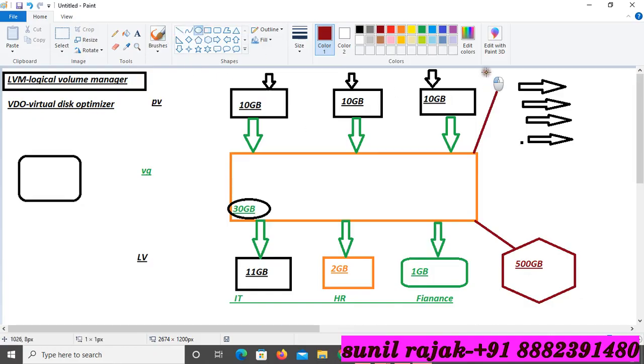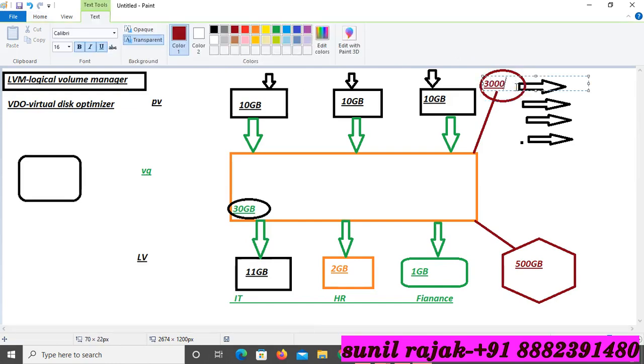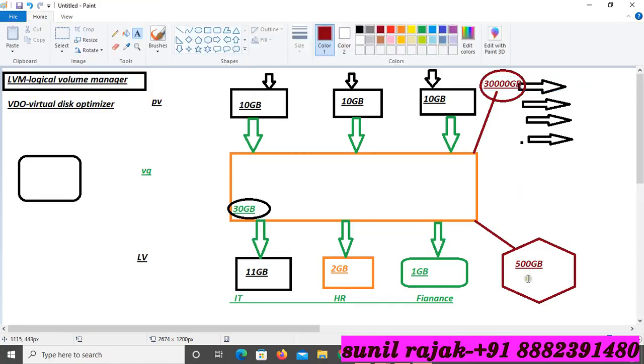Suppose he is taking 500 GB for artificial intelligence, but you are going to give 1000 GB, which is enough for the future. If he wants more space, you can easily add more space. If the IT department doesn't want 11 GB and wants only 9 GB, you can change the particular volume size. This is the advantage of LVM.